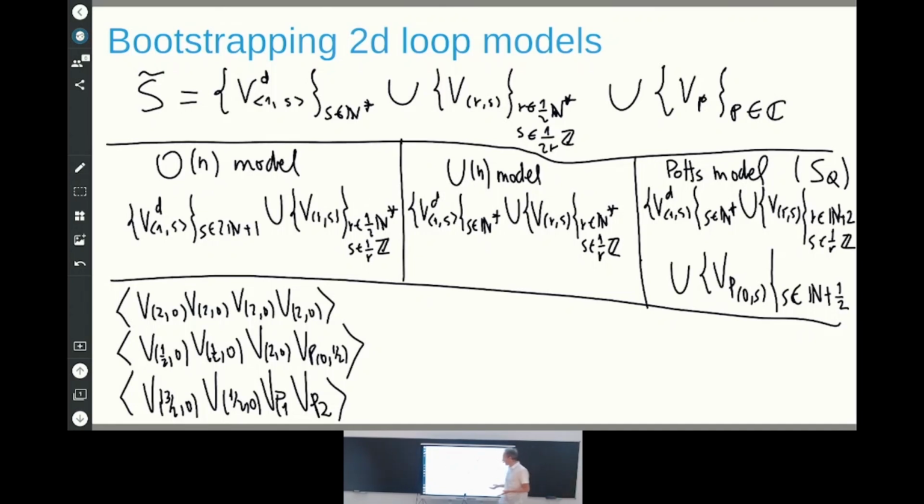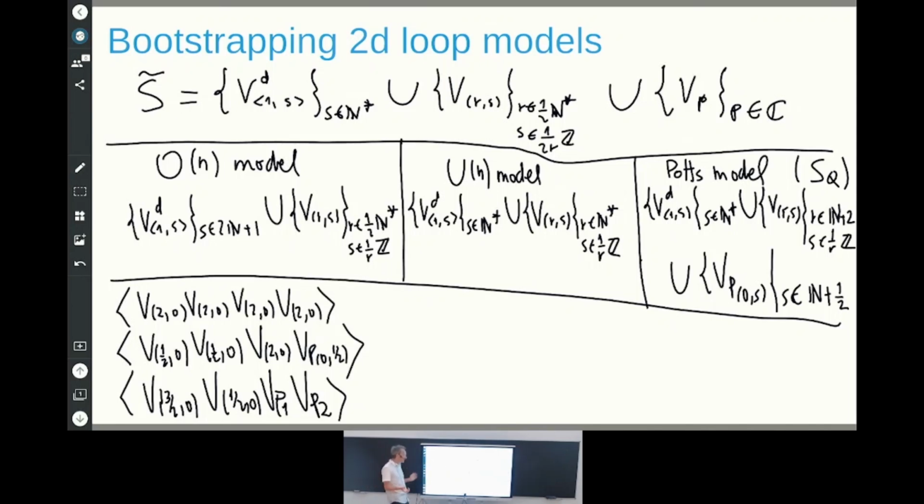So for example, you could consider the field V20, the non-diagonal field V20, which in fact is present in all of these models. And you could consider 4-point functions of this type. And among solutions of crossing symmetry, you will find solutions that in fact are relevant for all three models. So the same function of Z, if you want, the same correlation function, can be interpreted in 3 different ways depending on the model.